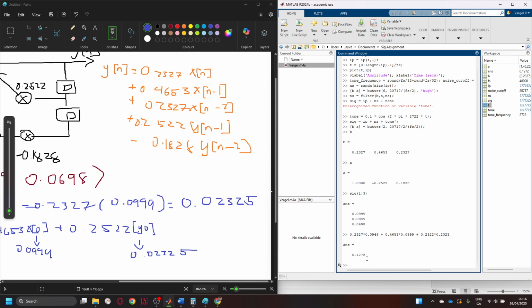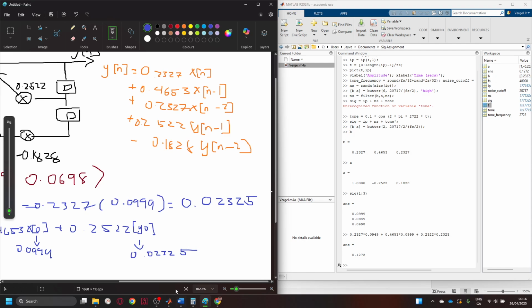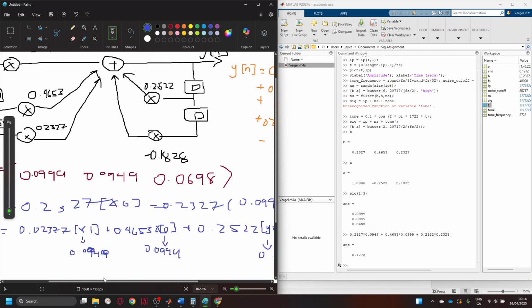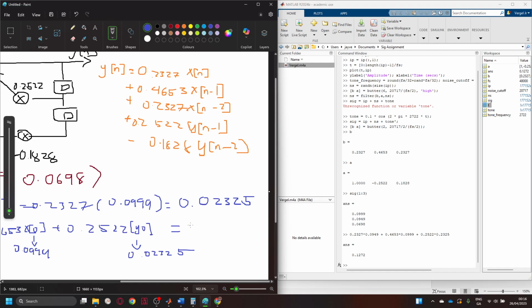So we got 0.1272. So this is going to be 0.1272.